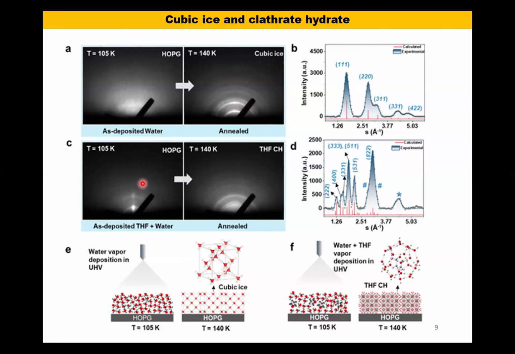Then we took a THF and water ice mixture and deposited it on the HOPG substrate. The bright spots you are seeing are THF crystallites, because above 95 Kelvin THF crystallizes. These rings suggest low density amorphous solid water. When we thermally anneal the mixture to 140 Kelvin, the previous Bragg ring is not visible, but a new distinct Bragg ring is observed.